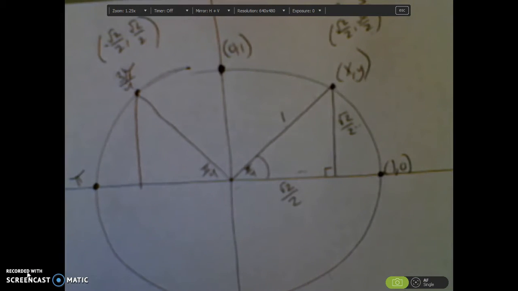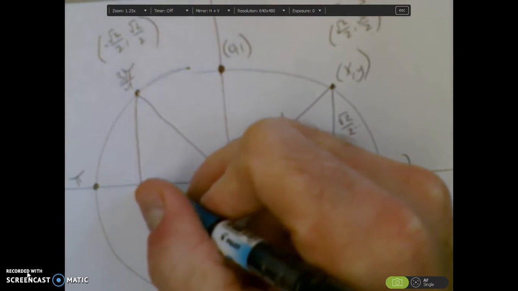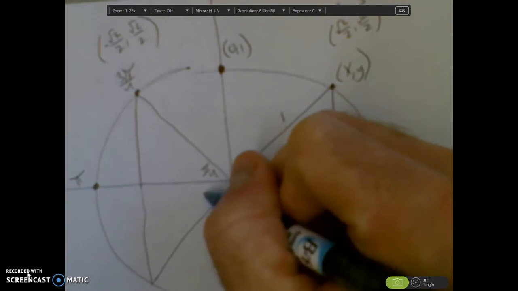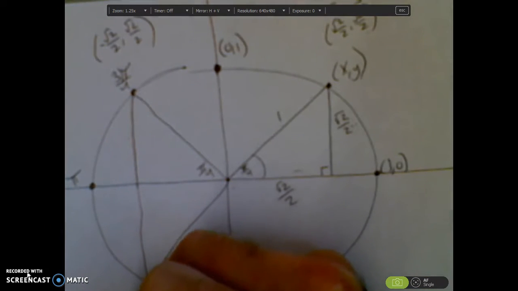And if you're in the third quadrant, and by the way, this is 4 pi over 4 again, so if you add a pi fourths, that's 5 pi fourths, okay? And at that point they're both negative, right?